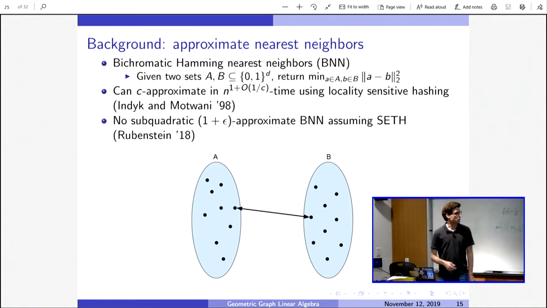And it was recently shown by Aviad Rubinstein that this dependence on C is at least somewhat fundamental. You need some dependence on C, in the sense that for small epsilon, 1 plus epsilon approximate bichromatic nearest neighbors requires almost quadratic time.